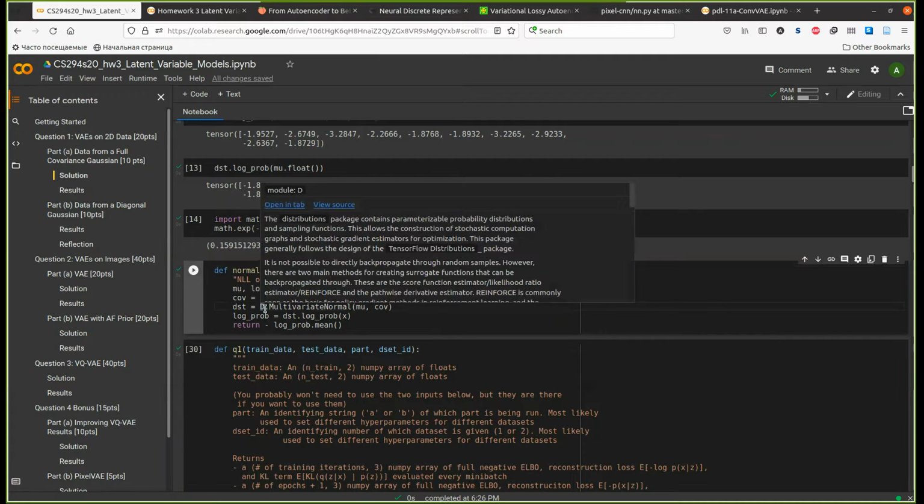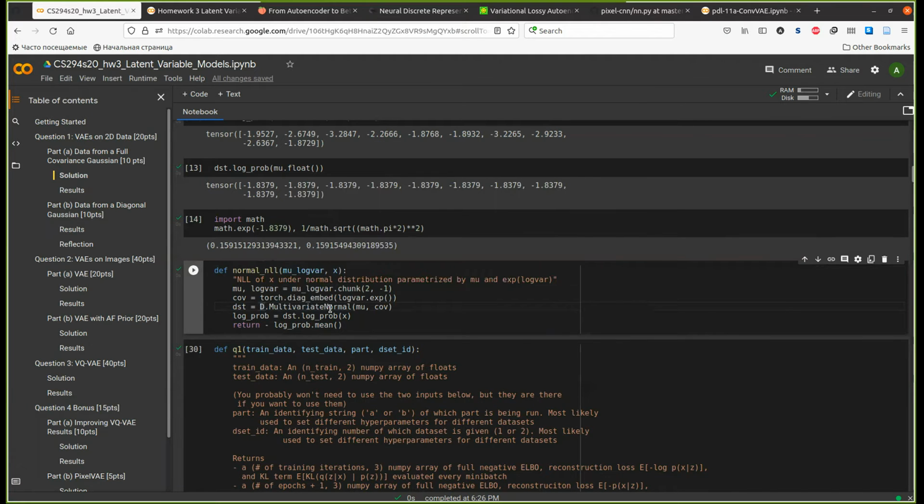We can use the distributions module from PyTorch to compute this multivariate normal for a certain mean and covariance matrices we provide. And then we have our x, the data, and this function will output how likely the data is given this distribution, right?